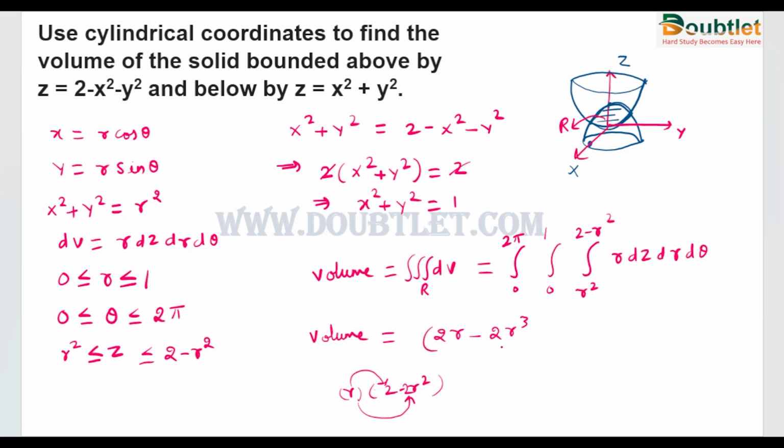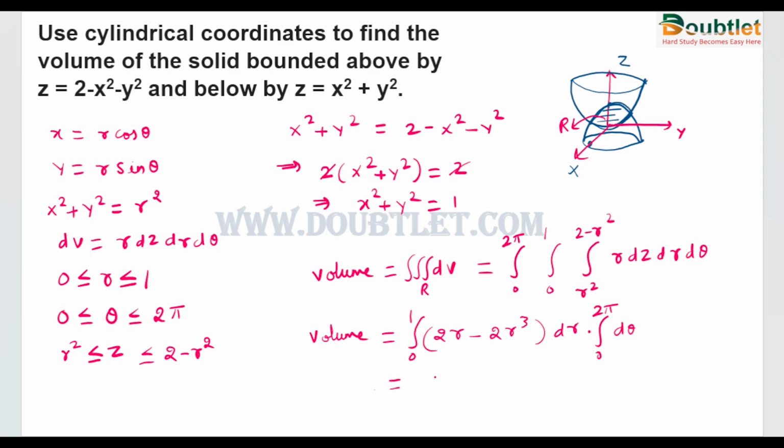Since there is no separate term for theta, we can separate these both. So r varies from 0 to 1, multiplied by the integration of theta from 0 to 2 pi. So we can solve both of these separately.